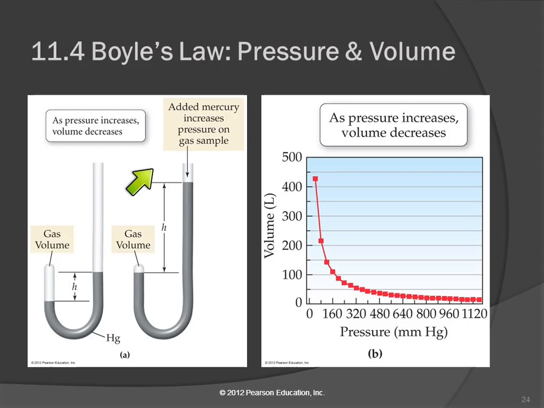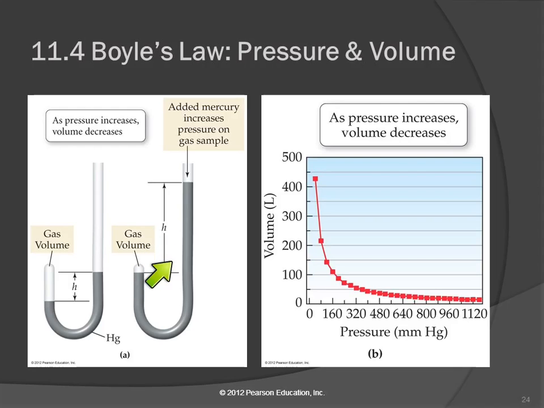If we add more mercury to the tube, it's going to push more over here, because now we've got the weight of the mercury pressing down, and it's going to squeeze this gas into a smaller volume. That gas can't get out. The same amount of gas is here as was over here. It's just compressed and squished together. But now we see that the difference in the columns of mercury is greater, and that tells us that the pressure is larger.